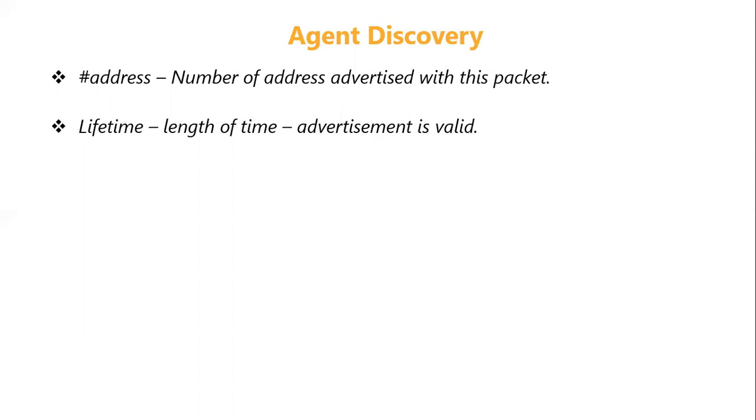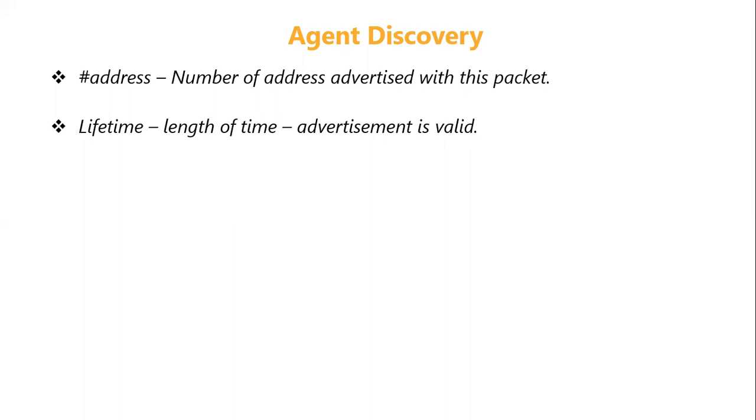The number of addresses advertised with this packet is given as the number of addresses, while the addresses themselves follow a particular structure. There is a field called lifetime, which denotes the length of time this advertisement will be valid.